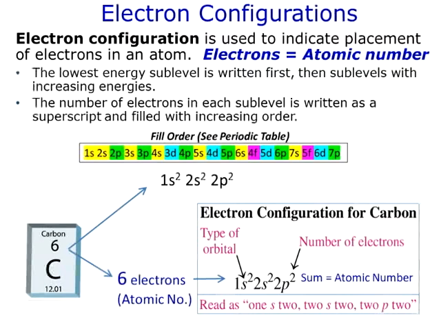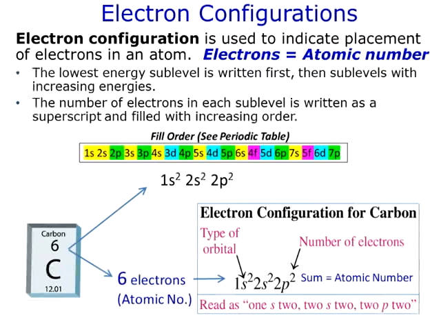So let's write it. We have 1s2, and we know that's correct because the s can only contain 2 electrons. That's followed by 2s, completely full or filled with 2 electrons. And according to the order of filling, next we have the 2p.